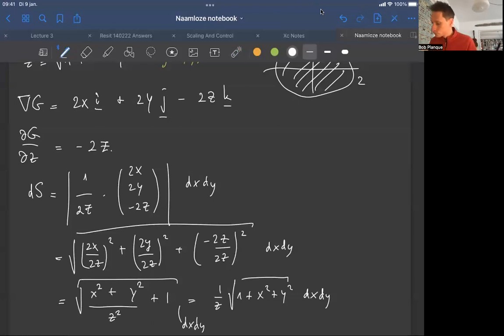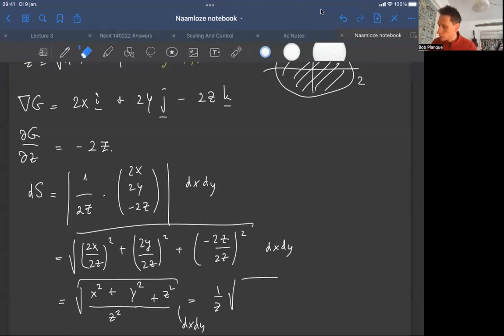Wait a minute. No, I have to be careful. I'm writing it like that. No, this is okay. But now this 1, let me first read it like that. Sorry, guys. So this is x squared plus y squared plus z squared. And what is z squared?